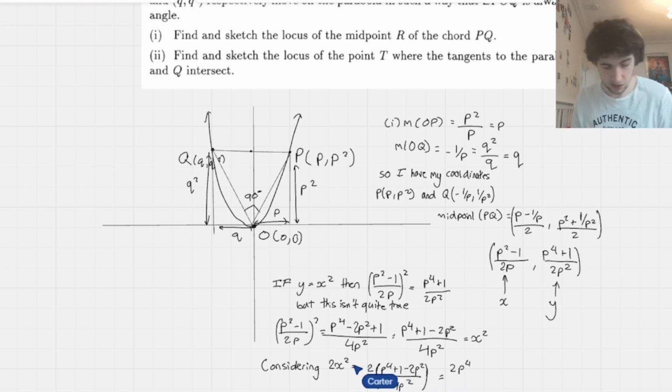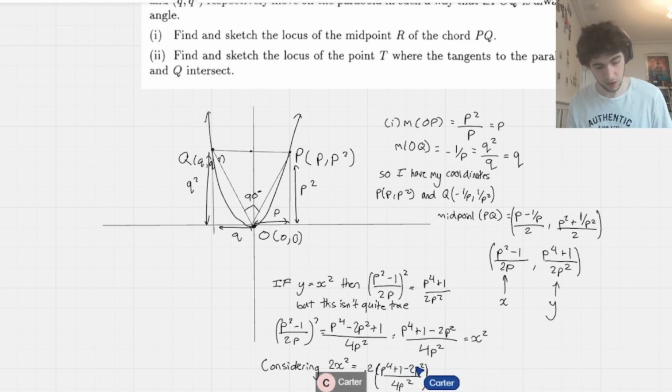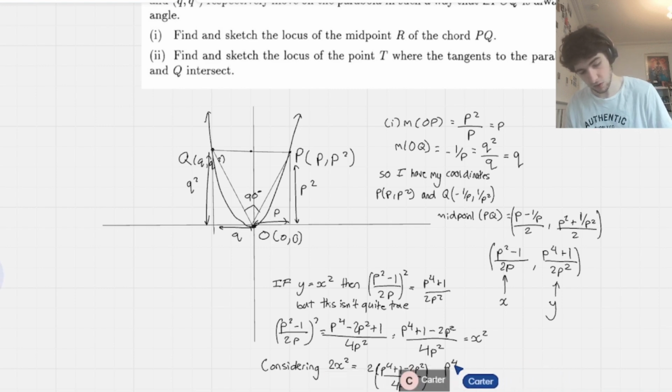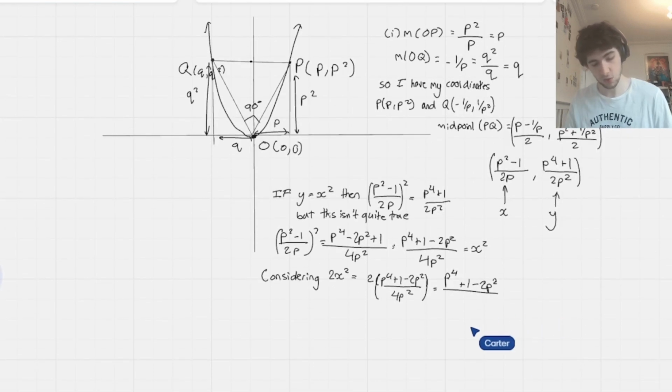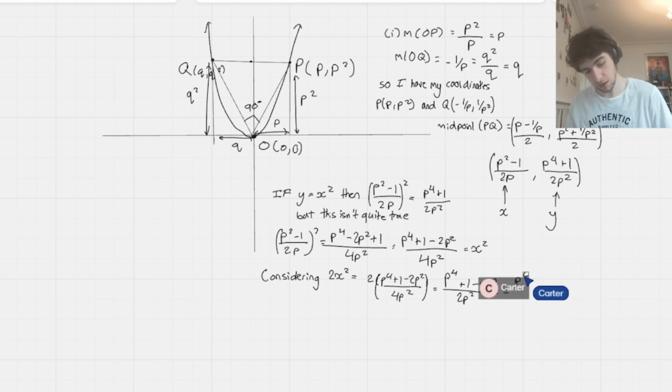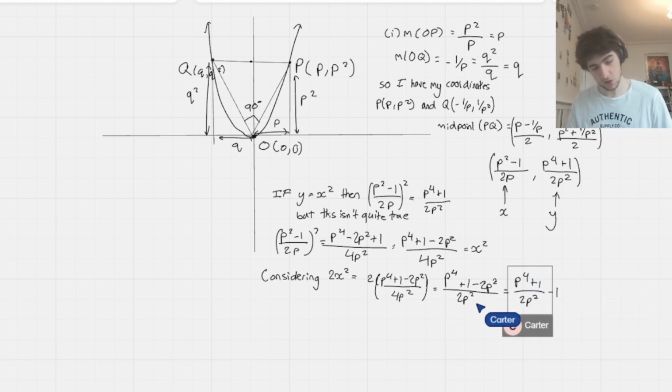The best thing to do here is to just divide top and bottom by 2. So if I'm doing 2 times all that, then I'm just going to get p to the 4 plus 1 minus 2p squared divided by 2p squared, since I'm multiplying the top by 2 and I can just cancel out a 2 from the top and bottom. So what I end up getting is p to the 4 plus 1 minus 2p squared over 2p squared. And this is just the same as p to the 4 plus 1 over 2p squared, minus 1. And this here is just our y value from before. So this is just equal to y minus 1.